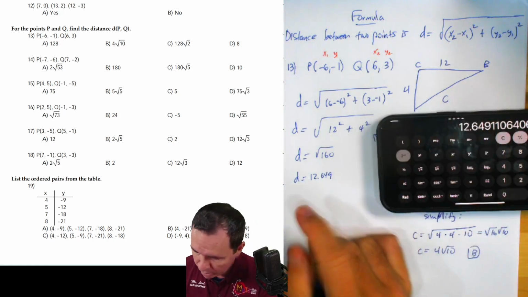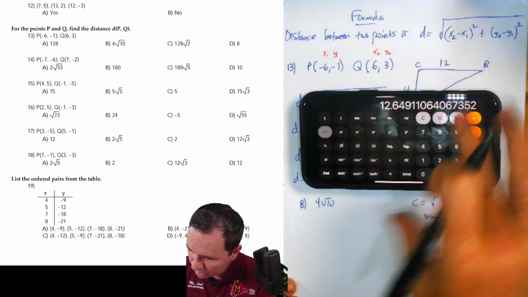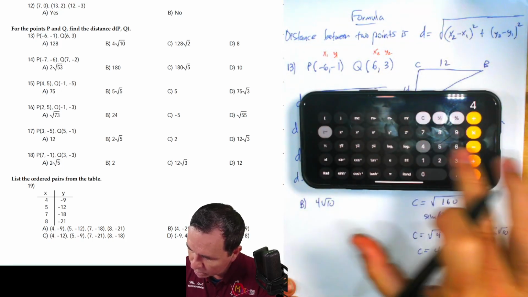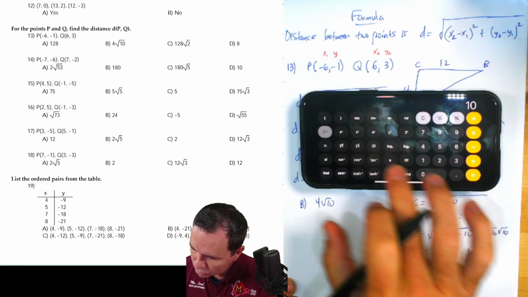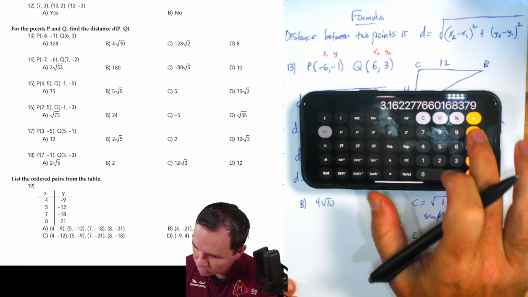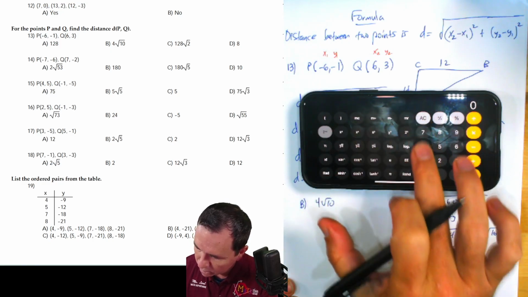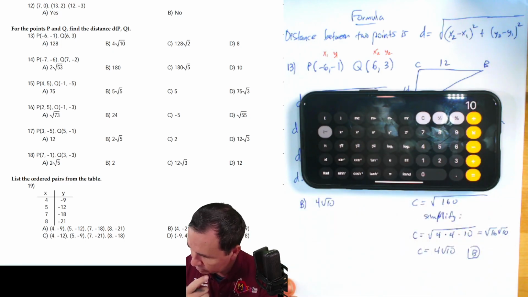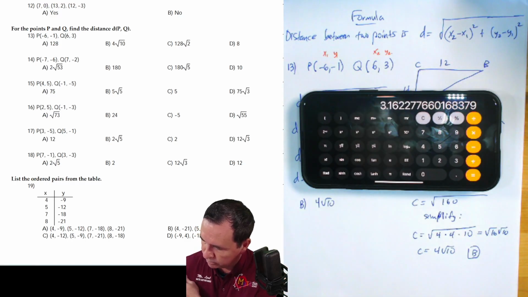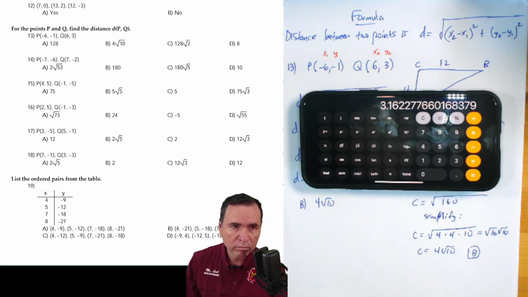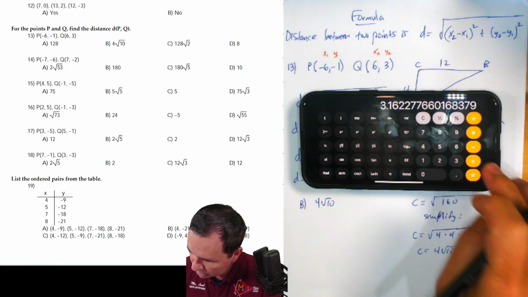So I'm going to try letter B. Letter B is 4 square root of 10. So I'm going to clear, and do 10, square root, times 10.